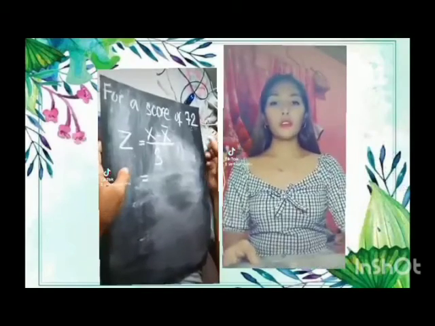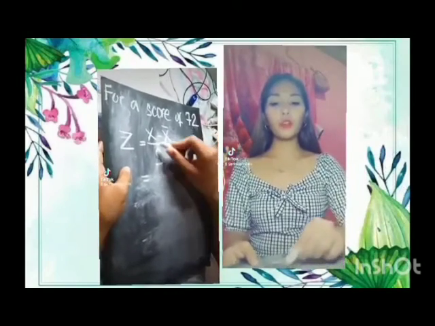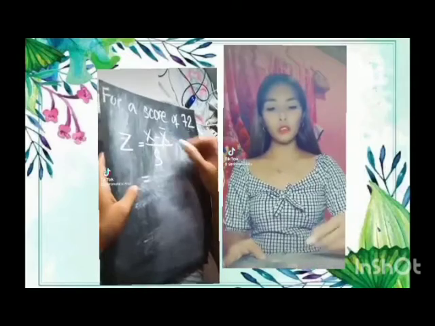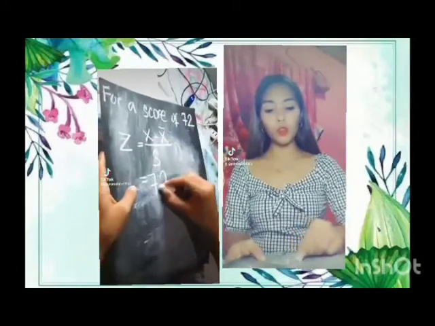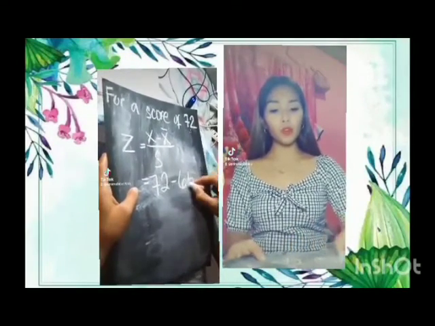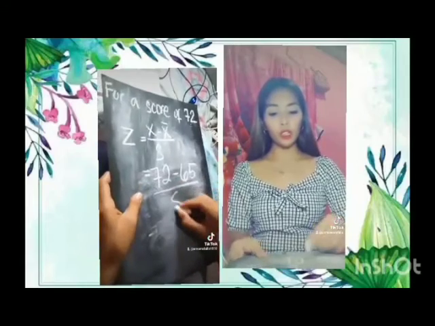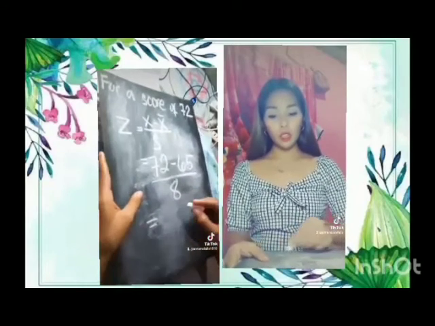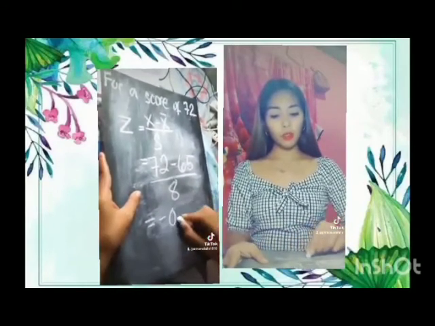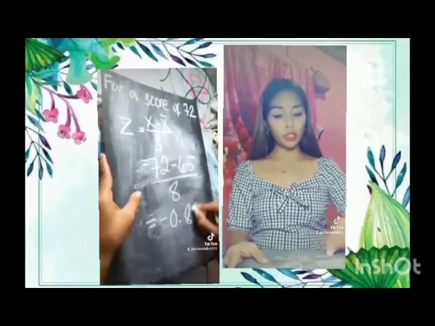For a score of 72, using the same formula, x minus mean over standard deviation, we have 72 minus 65 as the mean of all scores over 8. And the answer is 0.88.